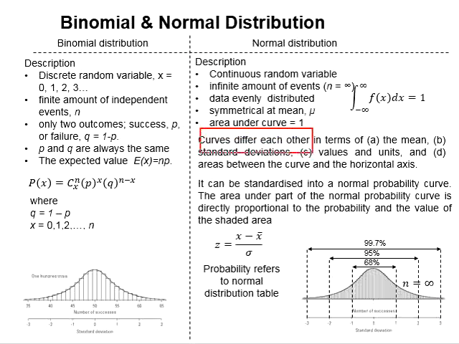Although the curves can differ from each other in terms of the mean, standard deviation, units, and also the area below the curve and the horizontal line, a standardized normal probability curve can be obtained as a function of the standardized value z, which is quantified in terms of the mean and the standard deviation.